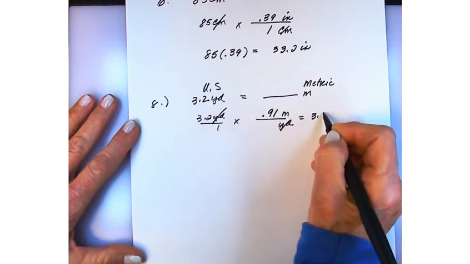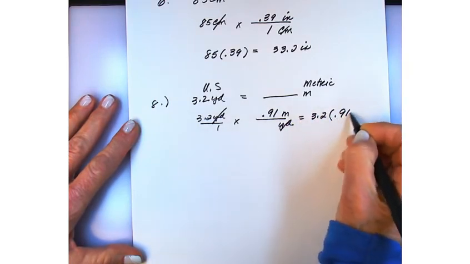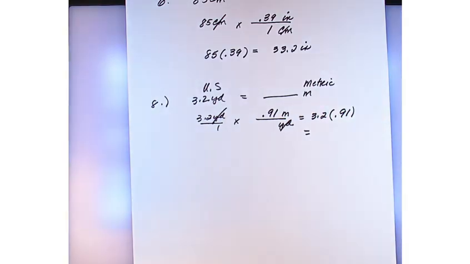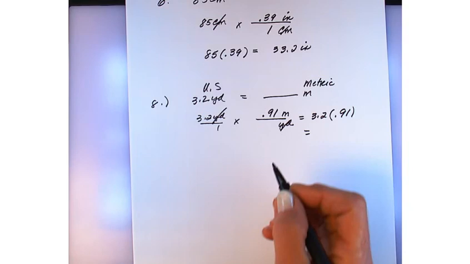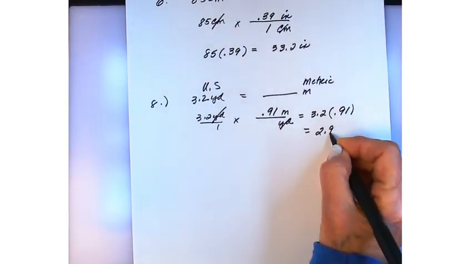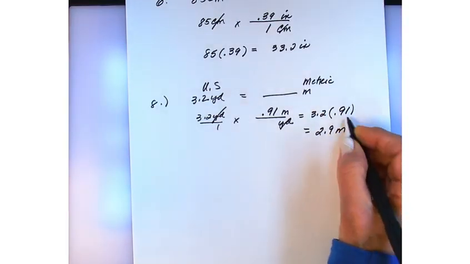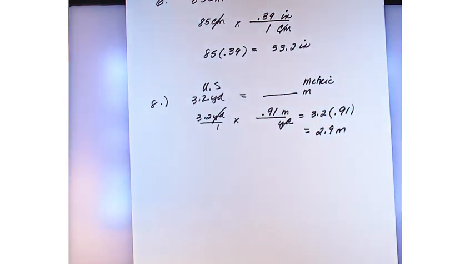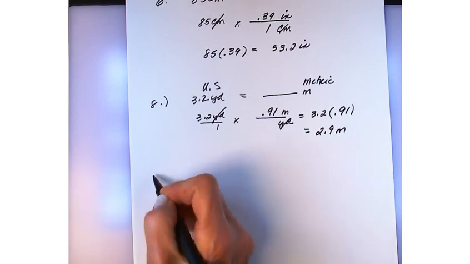You get 3.2 times 0.91, and when you put that into your calculator, let's see what the answer is here, we should get 2.9 meters. Well, 0.91 is almost equal to 1. Yes, that makes a lot of sense. One more, and that's it.